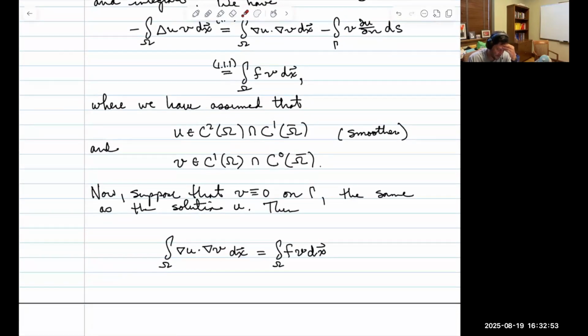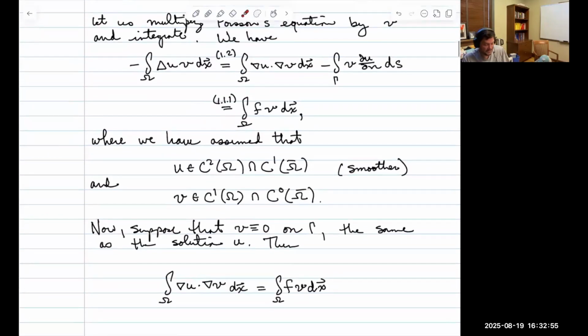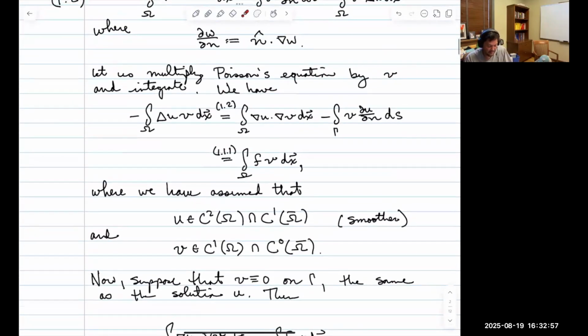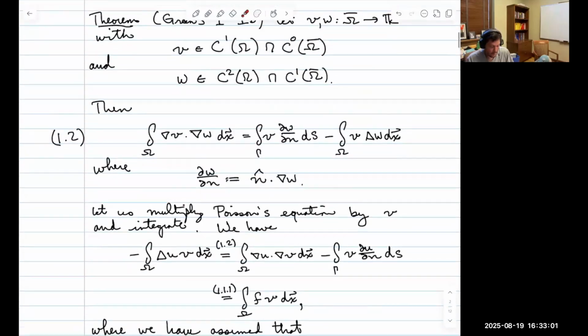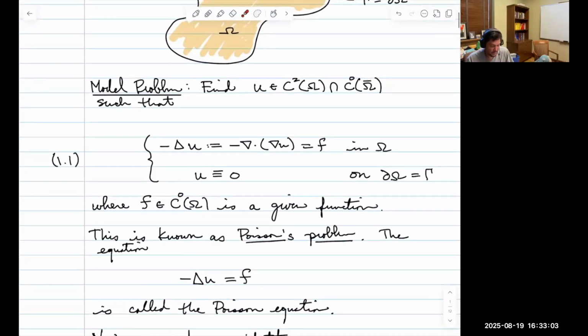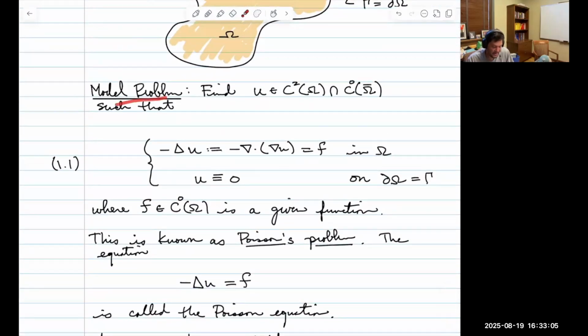So next we're going to suppose, well, by the way, I don't want to miss something here. You might think I cheated a little bit here. Why have I cheated? Because I said that the model problem is to find u in C2 intersect C0 of omega bar. That's the minimal thing I need to have this problem defined in a classical sense.